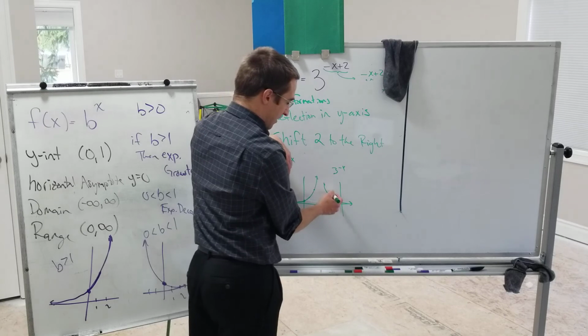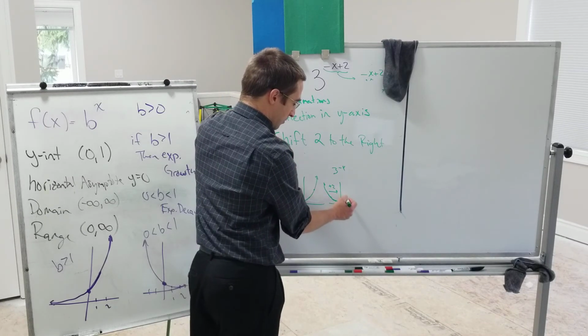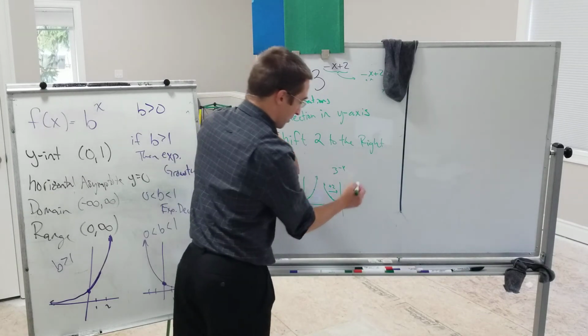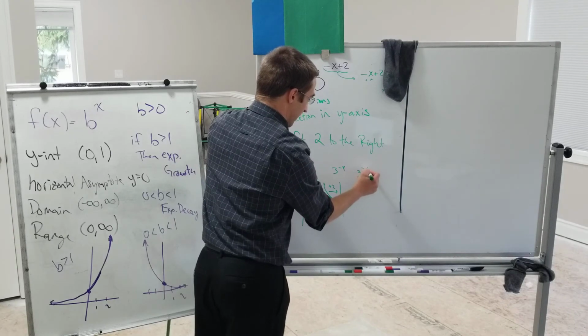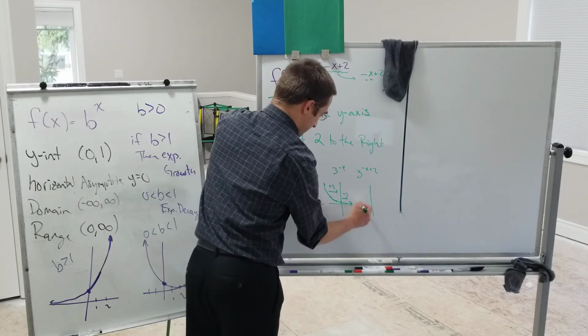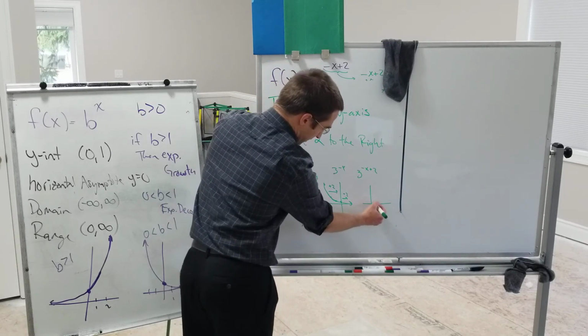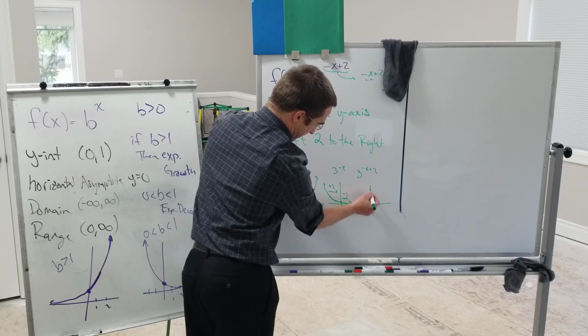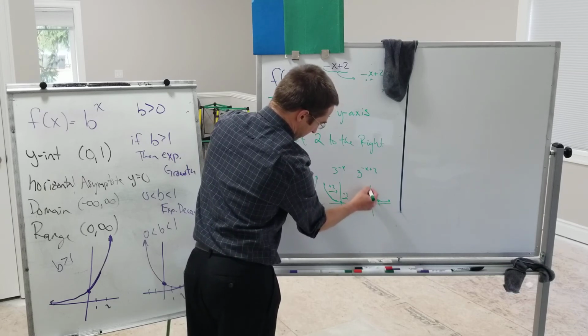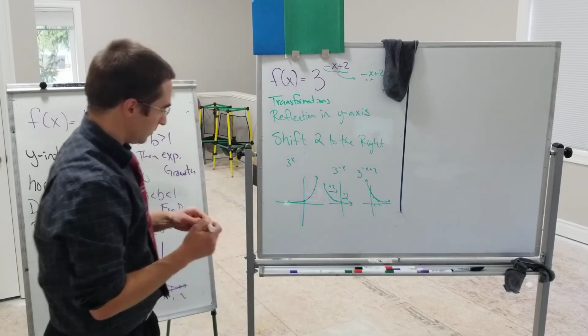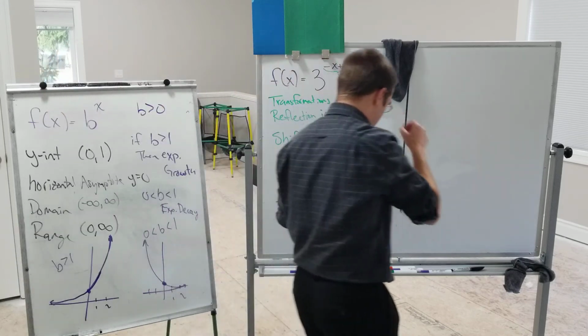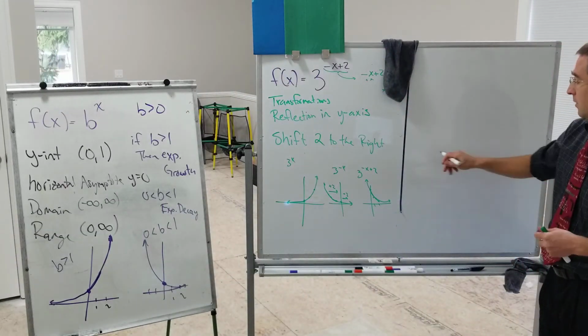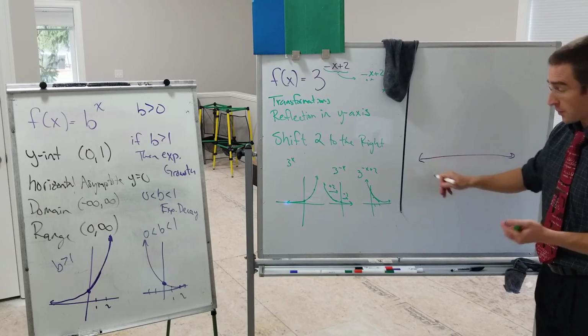And then I could just take this and move all the x's 2 over. So 3 to the negative x plus 2. So this 1 is going to be over 2, this 3 is going to be here, this 9 is going to be there, so it'll look like that. That's one way to graph it.